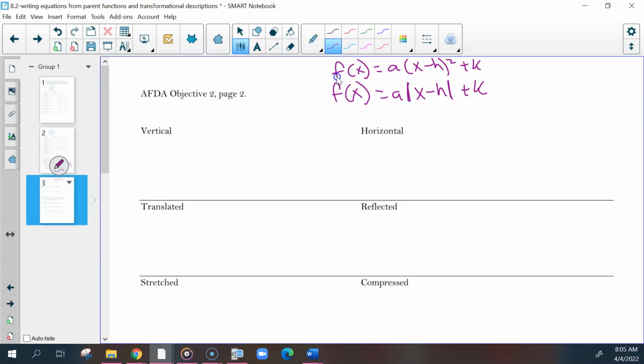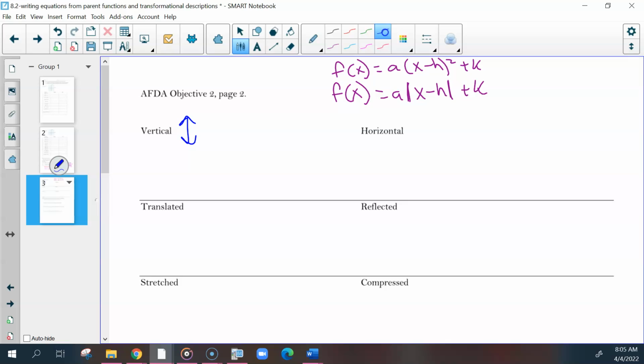Your absolute values have something similar. You can call it vertex form, call it standard form. This will help us determine our transformation. Right, so we're going to talk about each of these, what they look like on a graph. I'm just going to use the quadratic. You could use the absolute value too. And what these do. So vertical we know is up and down.